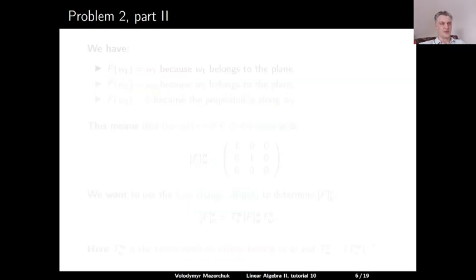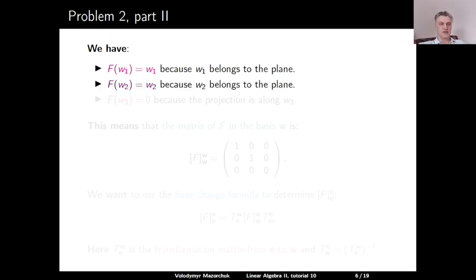For the elements in our basis, we have the following. F of W1 is equal to W1 because W1 already belongs to the plane and we don't need to project anything. Similarly, F of W2 is equal to W2 because W2 already belongs to the plane. Finally, F of W3 is equal to 0 because the projection is along the vector W3.